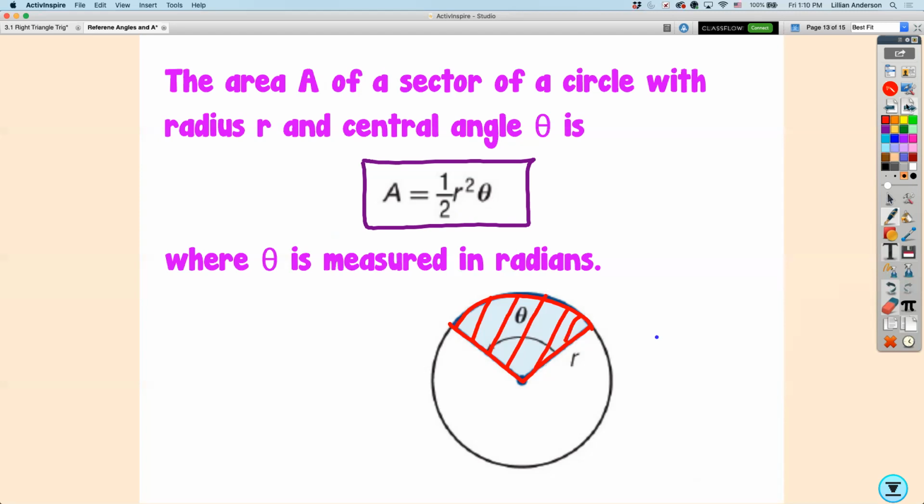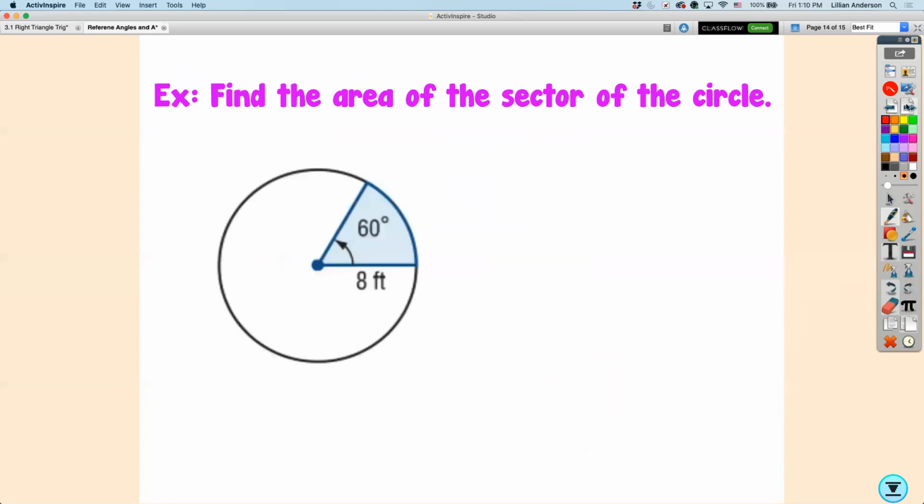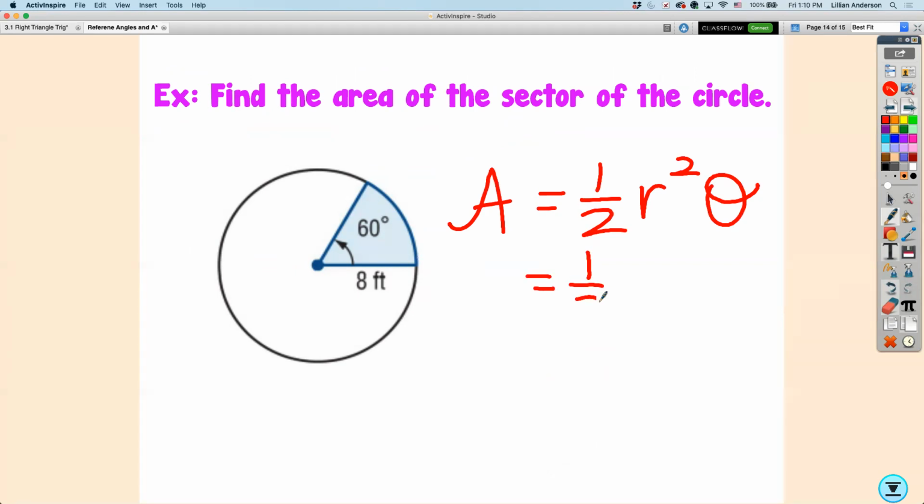Let's look at this one. I'm finding the area of the sector. That's the formula, 1/2 r squared theta. What's my radius? What's my angle? My angle has to be what?